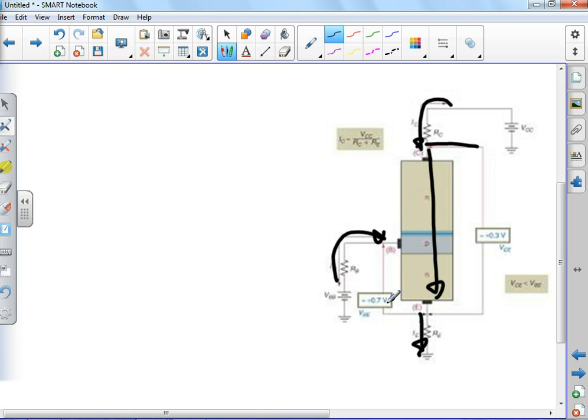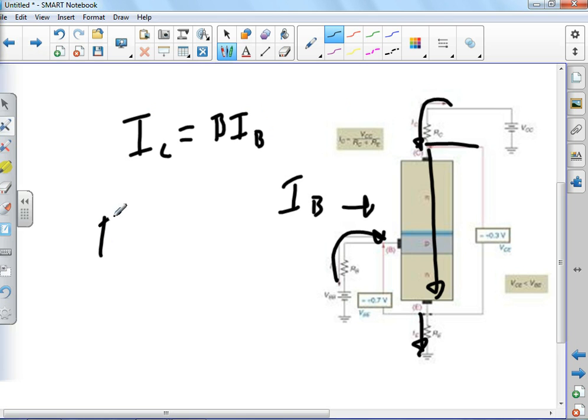Now, if I know the current at the base and I know beta, then the current at the collector is going to be beta times the current at the base. Then what is the current at the emitter? The current at the emitter has to be the current at the collector plus the current at the base.